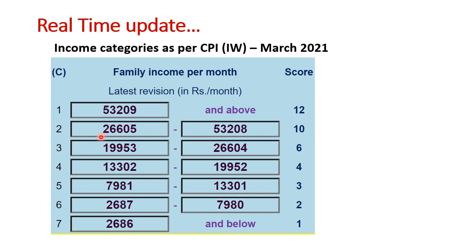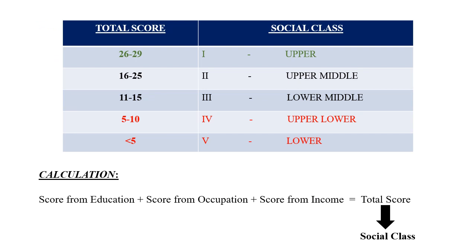If it is between 26,605 and 53,208, the score given is 10. These are the further categories. You have to update these categories in your files because they are updated according to the consumer price index.